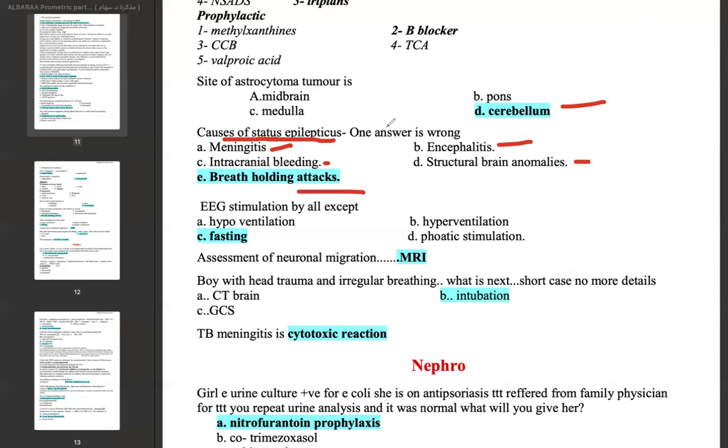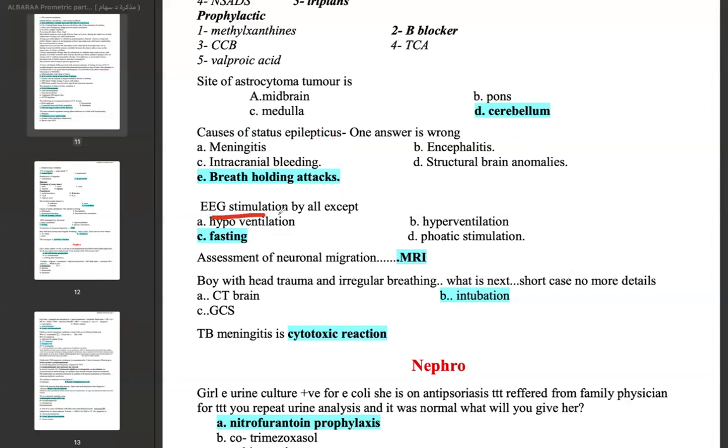You have to select the one answer that is not correct for this, and that is the breath holding attacks. The most common causes of status epilepticus are meningitis, intracranial bleeding, encephalitis, and structural brain anomalies.